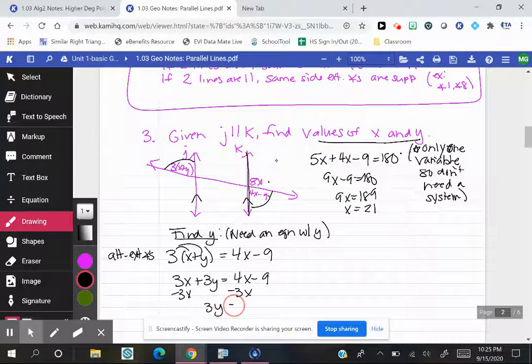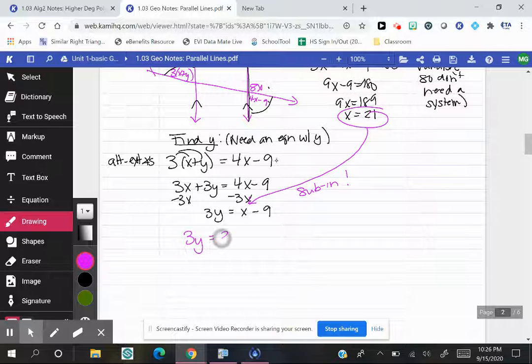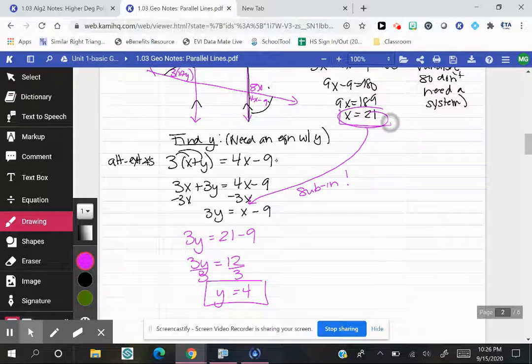Get 3y equals x minus 9. And then we need to just substitute in that 21 in for x. So 3y equals 21 minus 9, or 3y equals 12. Divide both sides by 3, and y equals 4. So we've got y equals 4 and x equals 21.